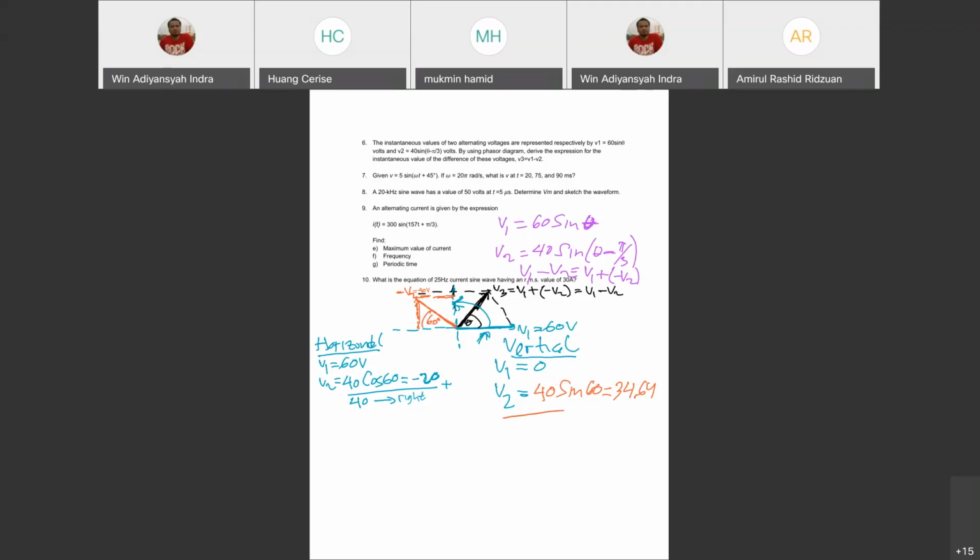So the total component is 34.64. It's going up.